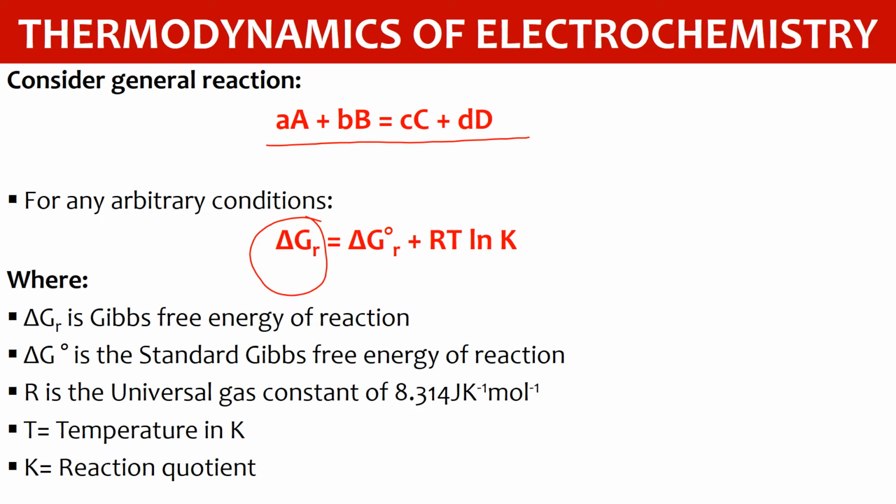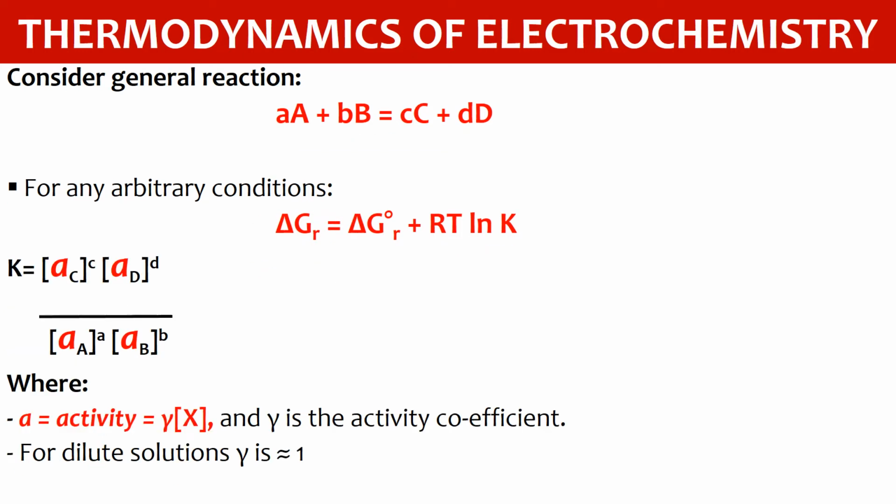Delta GR is the Gibbs free energy of a certain reaction. And what is delta G naught? This is the standard Gibbs free energy for a reaction. So it's a standard, it's set, and we know it. Then definitely your R becomes your gas constant, your T your temperature, usually in Kelvin. And then your K is your reaction quotient. Okay, I'm sure you understand what your reaction quotient is.